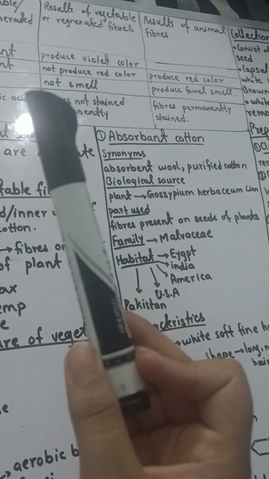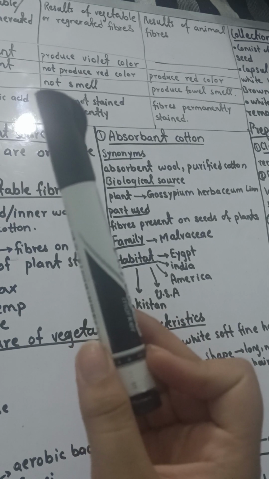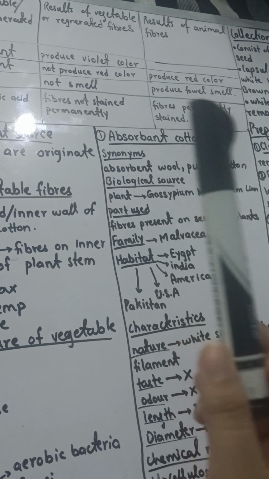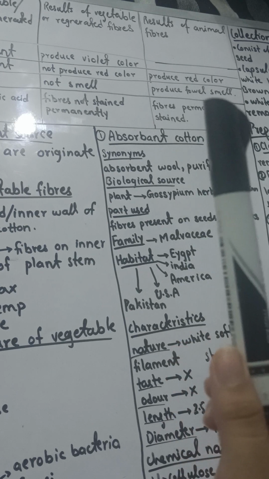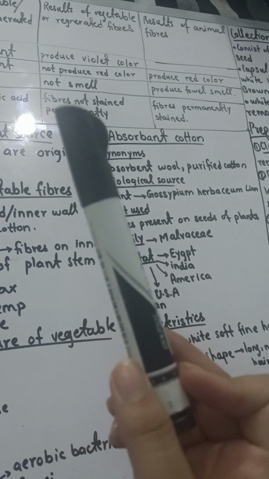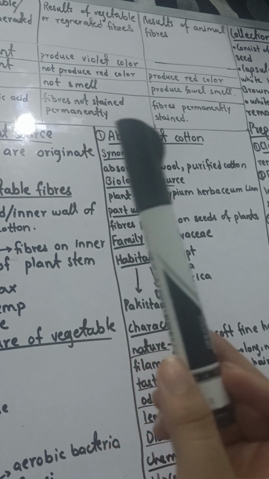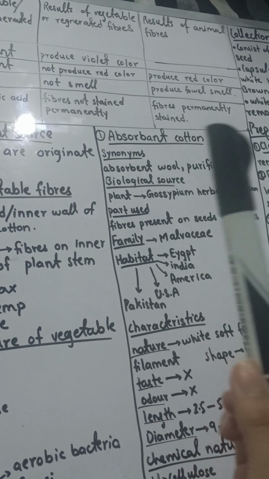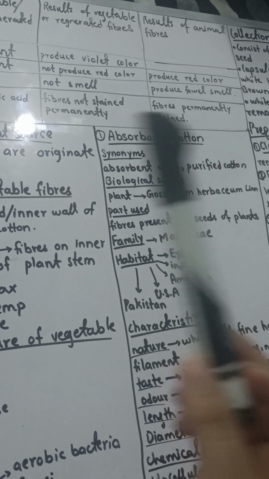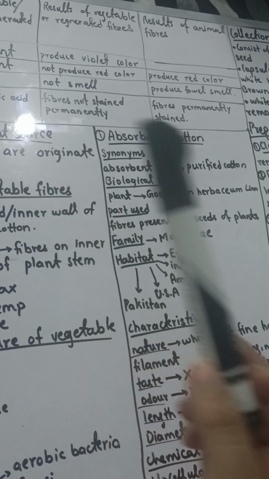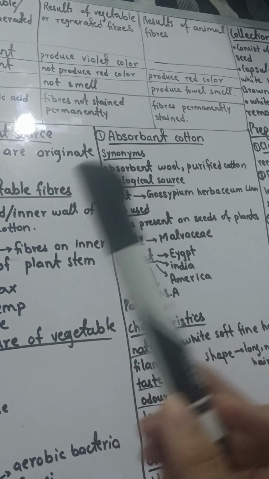With the ignition test, vegetable fibers produce no foul smell, but animal fibers produce a foul smell. With picric acid, the vegetable fibers don't stain permanently, but animal fibers stain permanently. So you can differentiate between vegetable fibers and animal fibers by these tests.